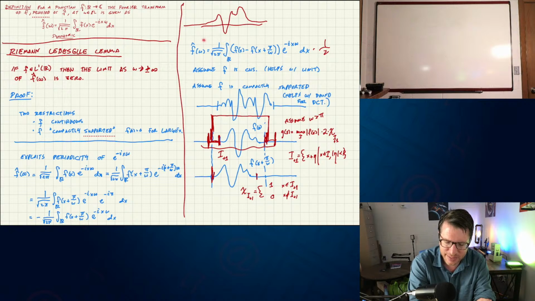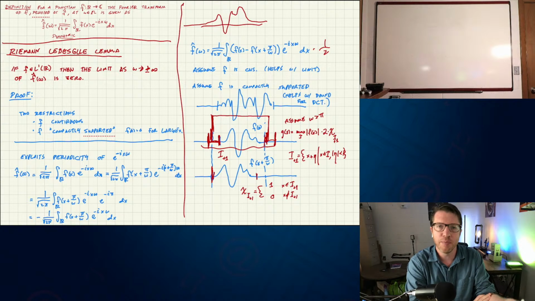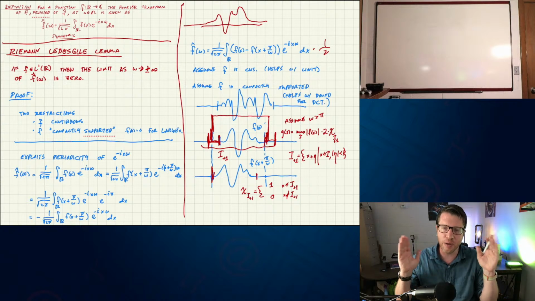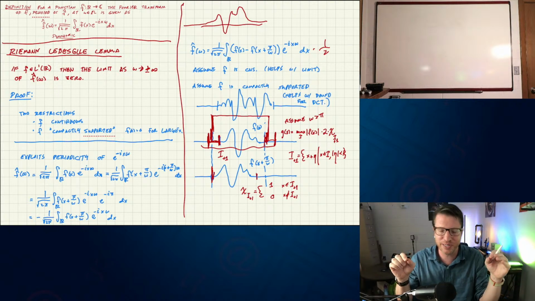But if we want to pass the limit as omega goes to infinity from the outside to the inside here to hit this guy, we need to be able to bound it, because we want to use the dominated convergence theorem. So that's where the compactly supportedness comes from, because a continuous L1 function doesn't have to be bounded. But if a function is compactly supported, then we know that it takes a maximum value on a compact set. I have a YouTube video on that if you want to go check that out.